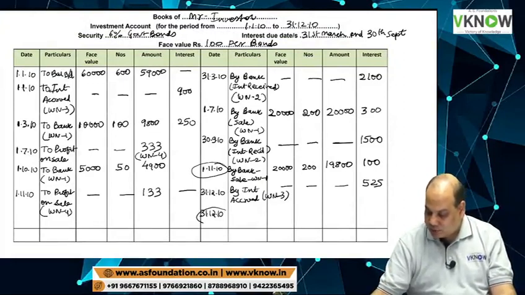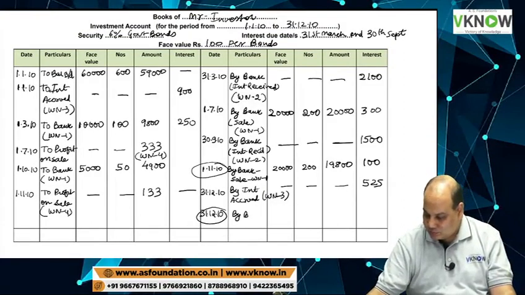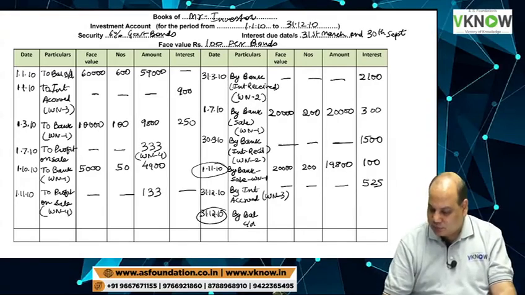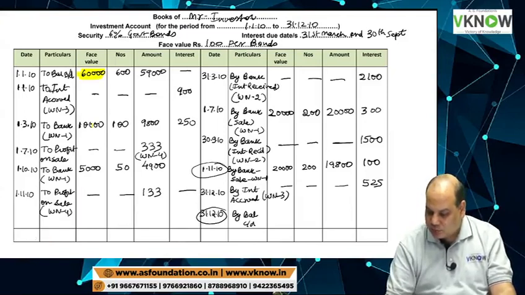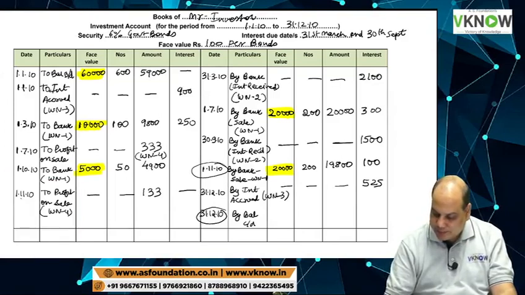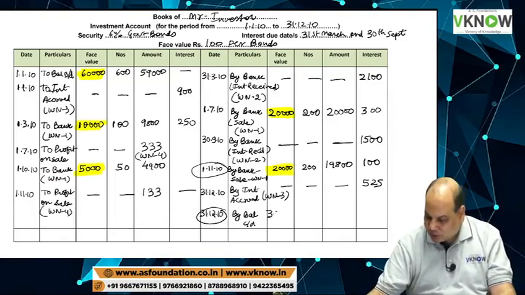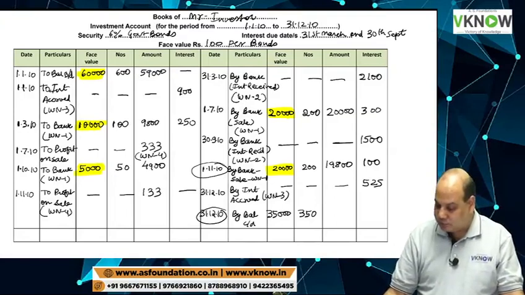Now the last part, by balance carried down. Face value balancing figure: 60,000 plus 10,000 plus 5,000 minus 20,000 minus 20,000. Face value balancing figure 35,000. So quantity would be 350.